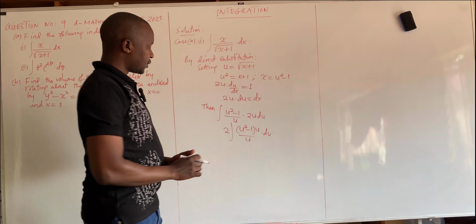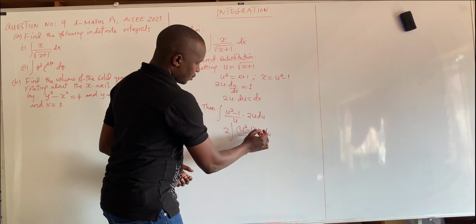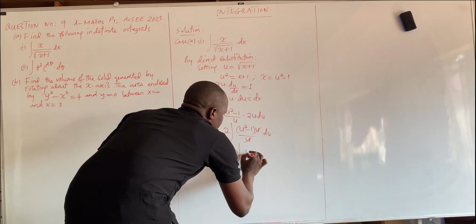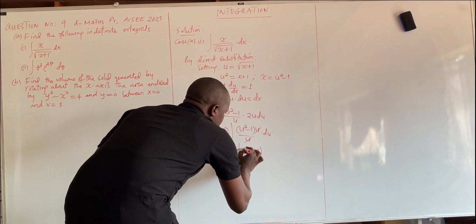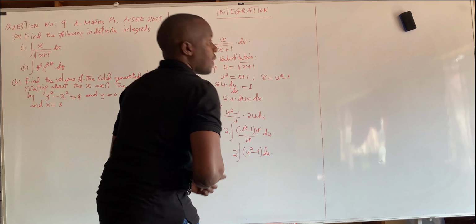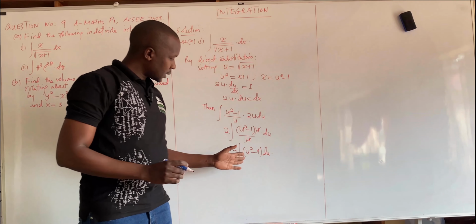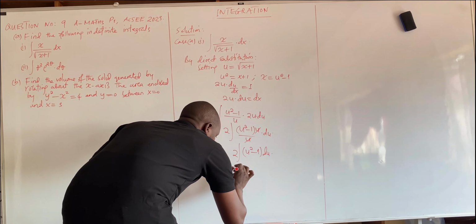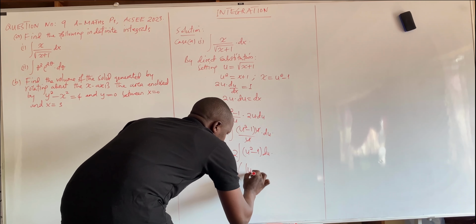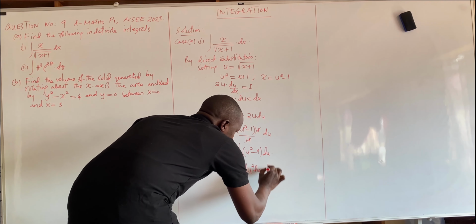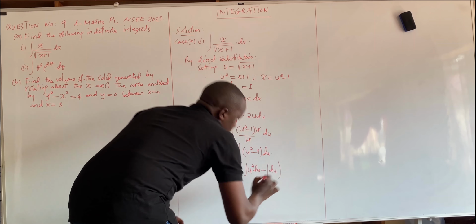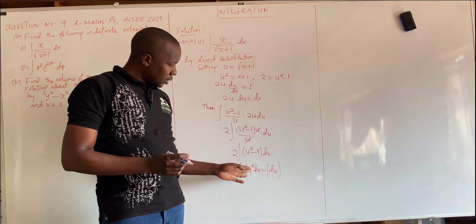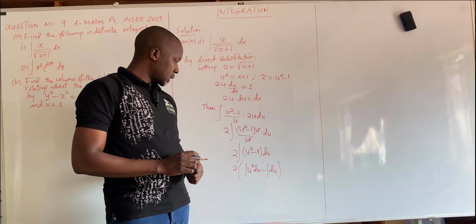Now from there we can simplify. This u and this u cancel out, so we remain with 2 times the integral of u squared minus 1 du. From there we can take the integration sign with respect to u inside: 2 times the integral of u squared du minus the integral of u du. Now we can integrate, very simple, by the power rule of integration.